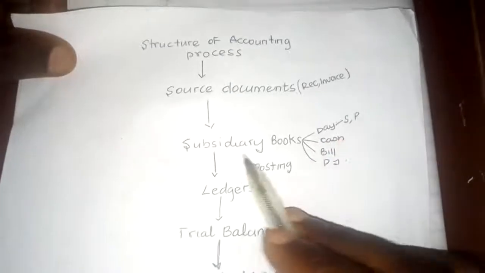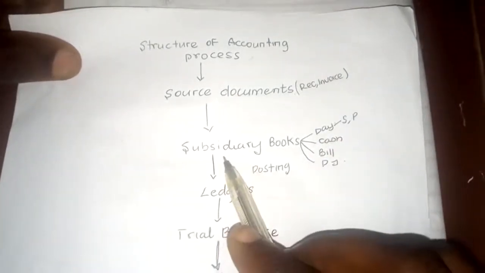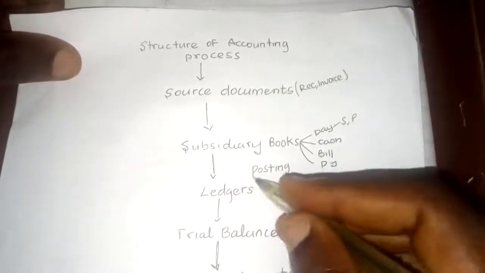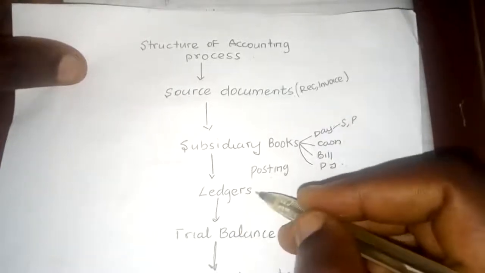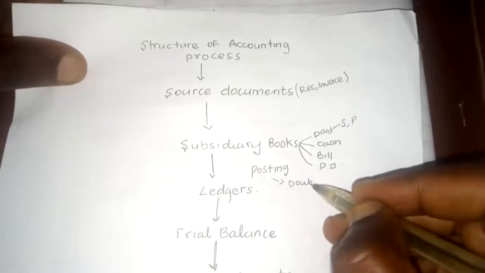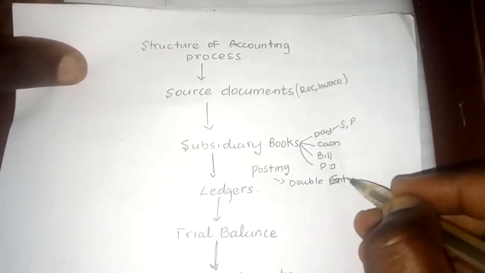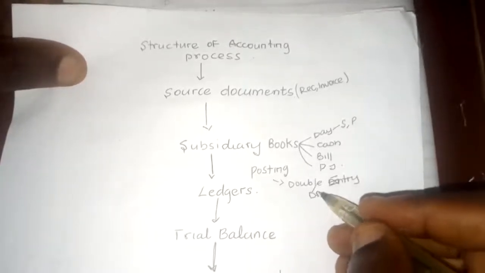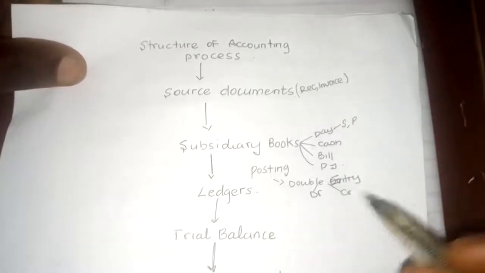Once you post into the ledgers using the concept of double entry, that is the recording of the debit and the corresponding credit side of a transaction.